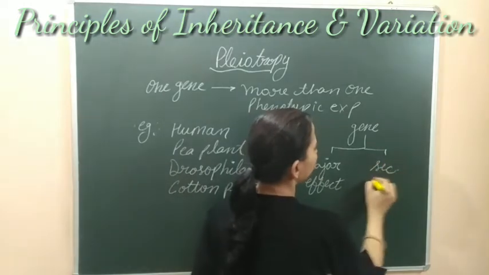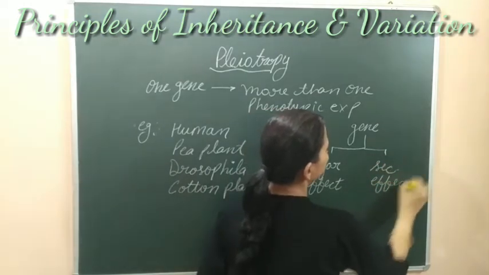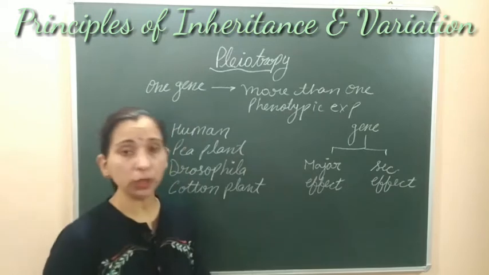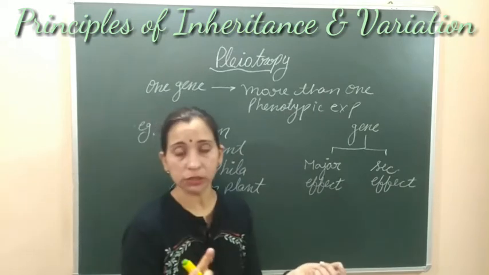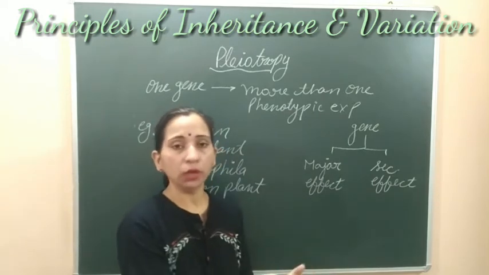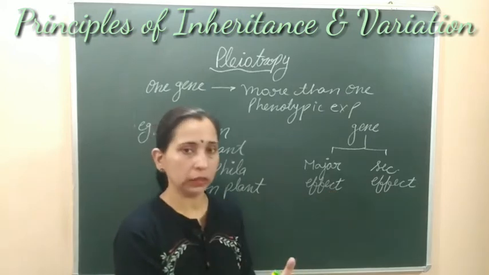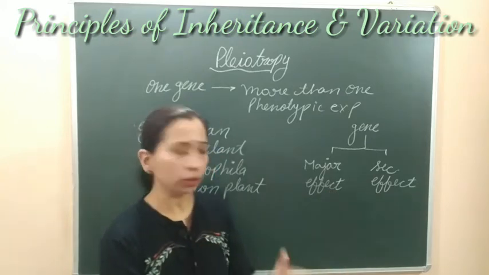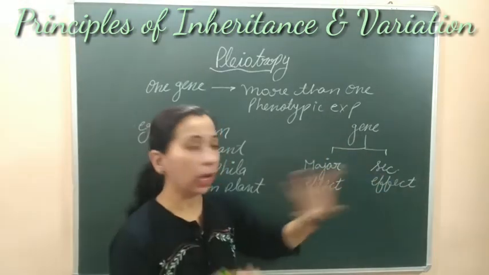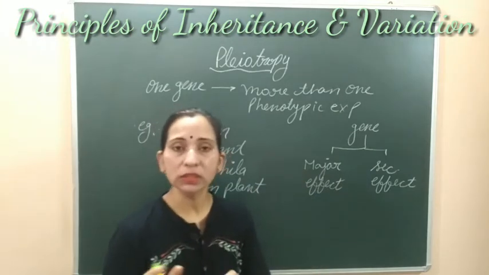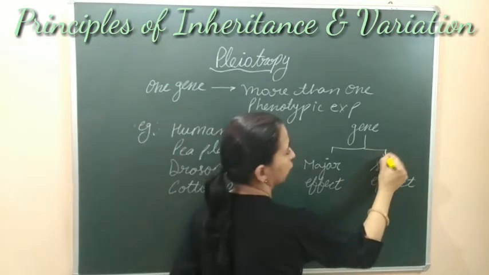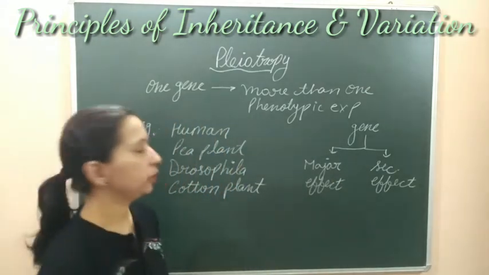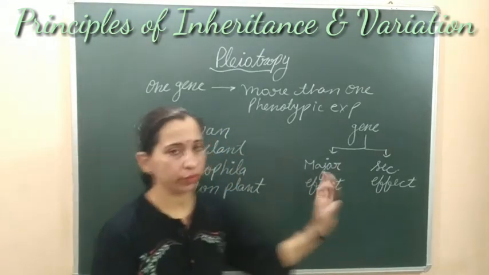So we can say that in each example we will see that the two phenotypic expressions are controlled by a single gene, in which one phenotypic character will be known as the major effect of this particular gene, and the other character will be known as the secondary effect of this gene.